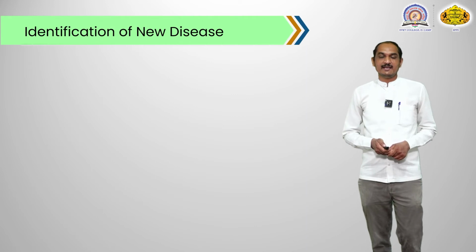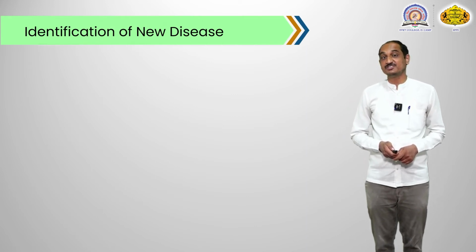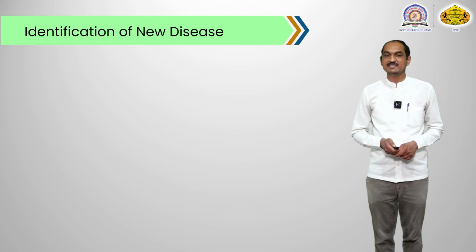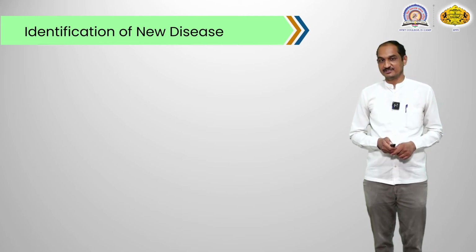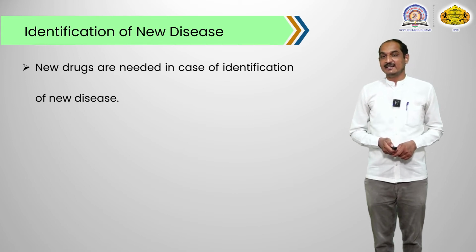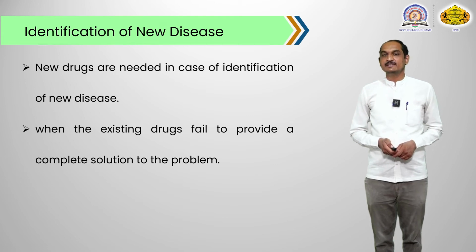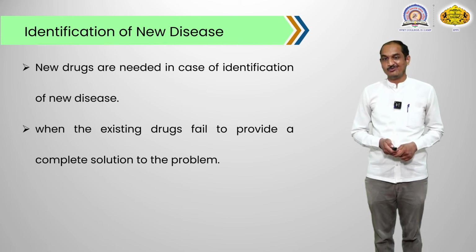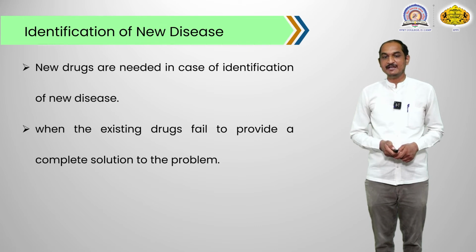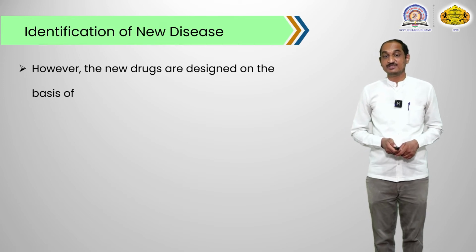So, the next important point of today's session is the identification of new diseases. Why is there a need for identification of new diseases? We know that new drugs are needed in case of identification of new diseases. When the existing drug molecules fail to provide a complete solution to the problem, we need identification of new diseases.